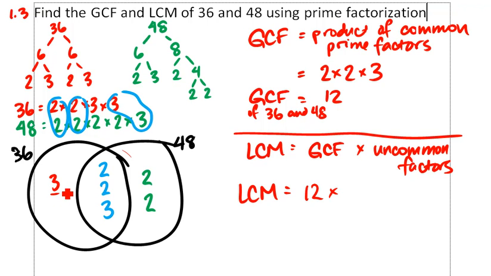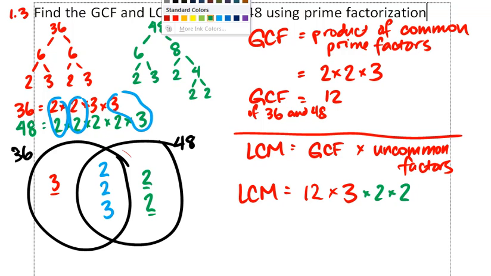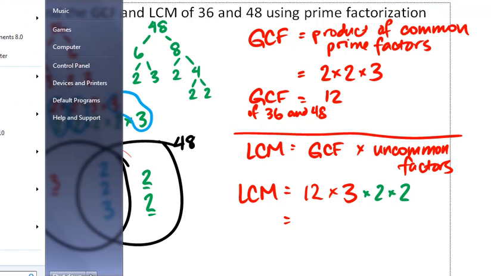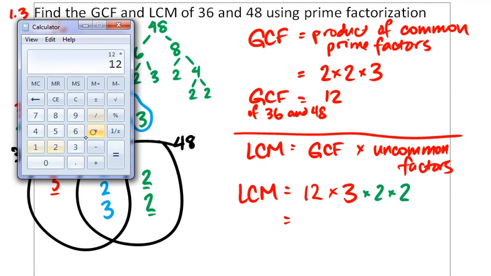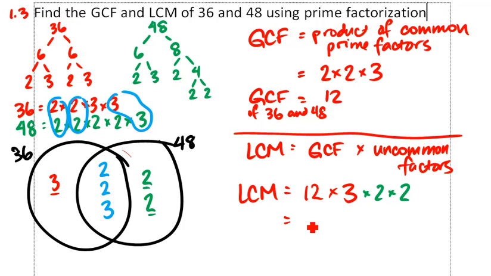That's this 3 here, and then this 2, and the other 2 as well. If I multiply this out, 12 times 3 times 2 times 2, if I use my calculator, gives me 144.